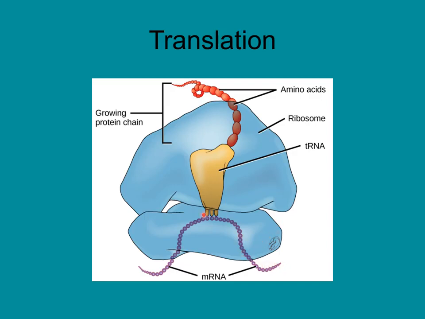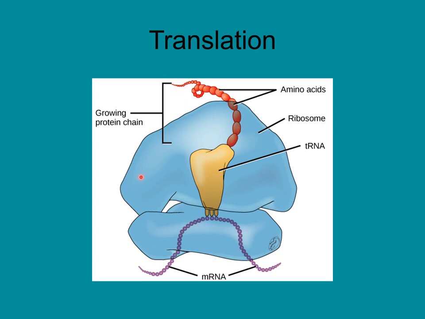This little purple strand in here, here's your messenger RNA. That contains the information from the DNA. That contains the information of what order to put the amino acids in. Here's your tRNA that has an amino acid stuck on it, and you're going to be making this chain, adding one amino acid at a time, which is a protein.